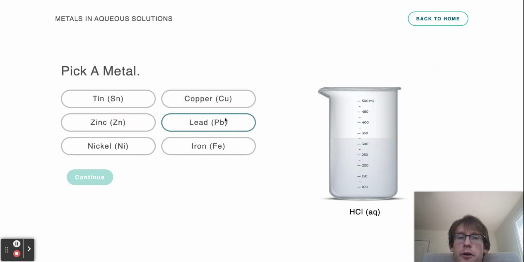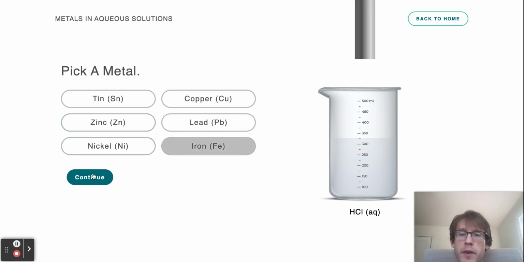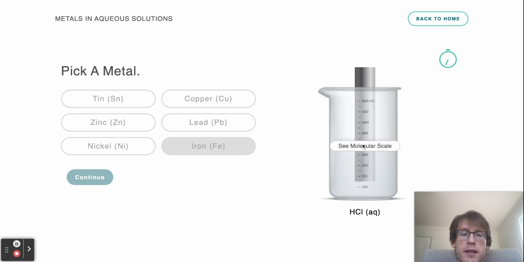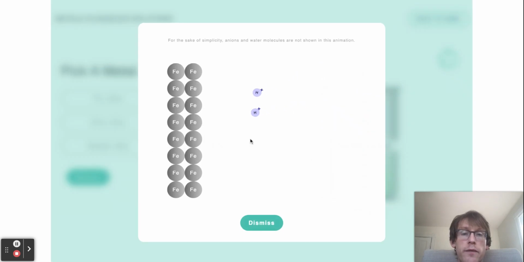Finally, I just want to show this is exactly the same concept, but we're going to have some hydrochloric acid, and we're going to see what happens when metals are put into hydrochloric acid. So zinc is a fairly active metal, so is nickel and iron. If I put a piece of iron into some hydrochloric acid, what we can see is that the hydrochloric acid went from being clear to being somewhat colored.